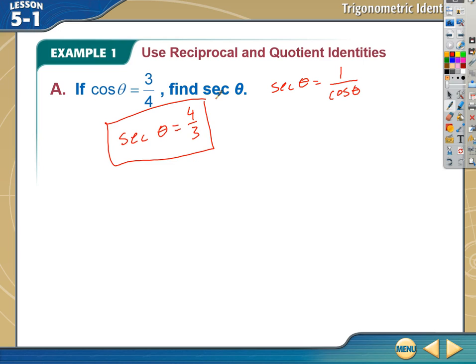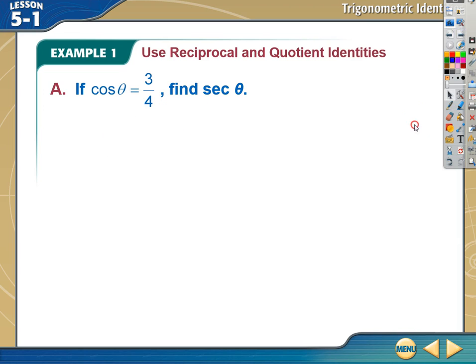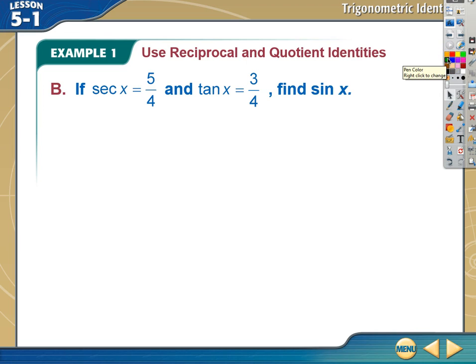All right, but it's the idea. So let's take a look at some more complex ones. It says here, if secant of x is equal to 5/4 and tangent of x is equal to 3/4, find sine of x. Holy cow. All right, so let's get some things that I may or may not know about here.